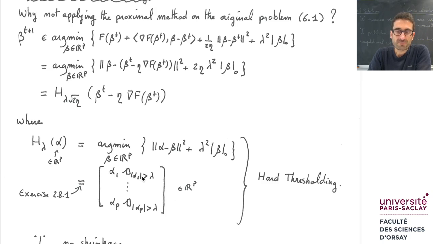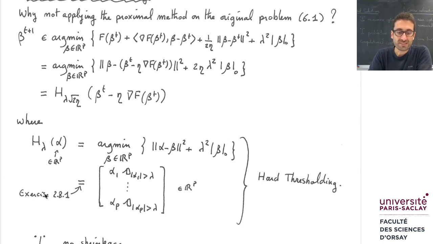If alpha 1 in absolute value is larger than lambda, then alpha 1 stays unchanged. But if alpha 1 in absolute value is smaller than lambda, then alpha 1 is set to 0. And this is done for each coordinate. So hard-thresholding is setting to 0 values which are too small, so smaller than some threshold lambda in absolute value, and otherwise it does not change the vector.